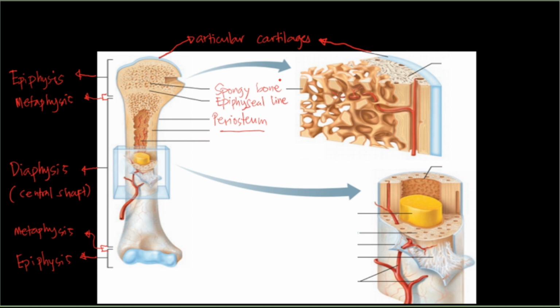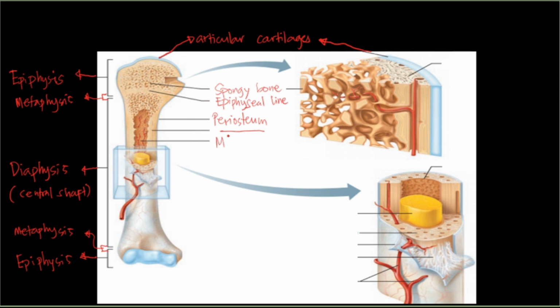Take note of that. That is your epiphyseal line. At first, that is your epiphyseal plate, which later on can be replaced by your epiphyseal line as the bone growth stops. Another part is your medullary cavity.